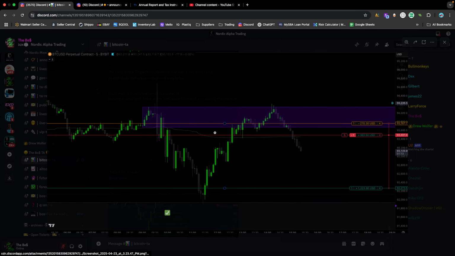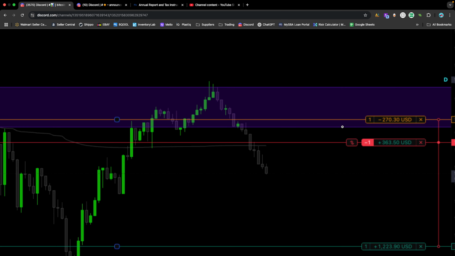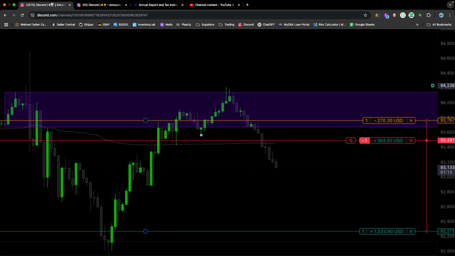And again, I will show you the entry. I waited for this low to have a bearish break of structure. And then the candle that broke this structure closed below VWAP. That was the next confluence sign that I had for a confirmation.